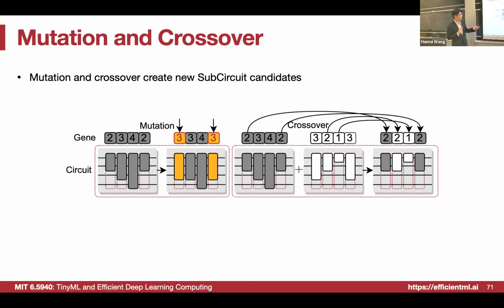So we can change the first to 3. We can also do crossover: say we have parent candidates in the population and we want to generate more child population. We take some genes from the first parent and some from the second parent, and create a new one as the child of those 2.